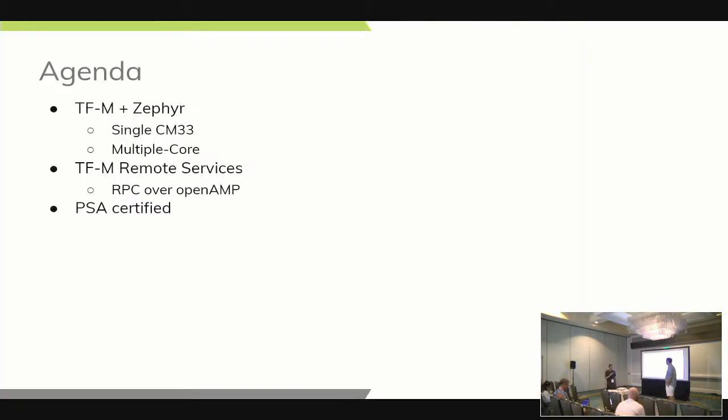This is the agenda today. I will introduce TF-M with Zephyr on single core and multiple core, and then go to TF-M remote service for details. As you know, TF-M on a single M33 is a common usage to extend the security of the system, but TF-M can serve secure services more than that.